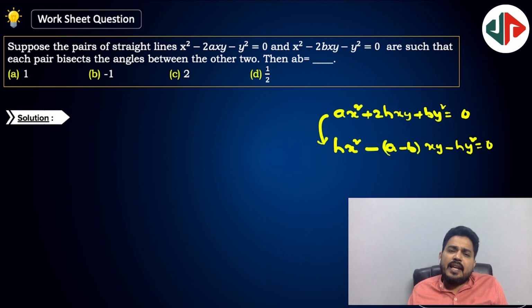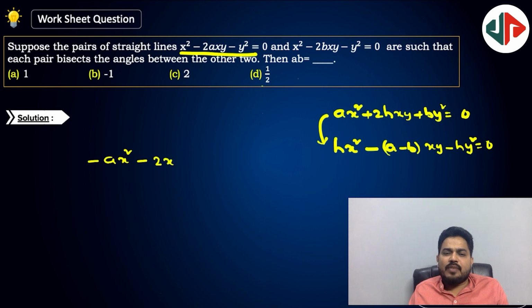So clearly its angular bisector, if I want to write it, is minus a x square minus (a minus b), that is 2xy, minus hy square, that is ay square, equal to 0. Or this is ax square plus 2xy minus ay square equal to 0.